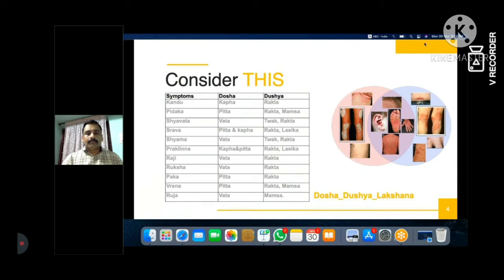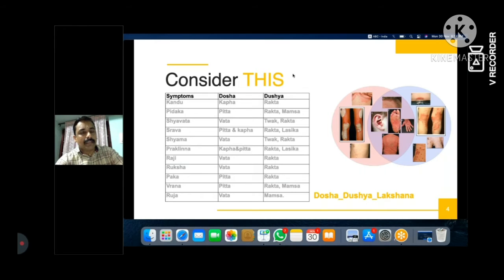Coming to the dosha, dushya, and lakshanas, we should further understand up to which dhatu level the doshas are involved. Generally the kandu is seen in kapha and association of rakta, and in pidaka the pitta, rakta and mamsa.